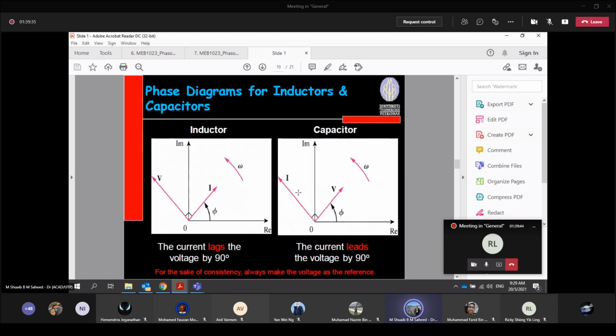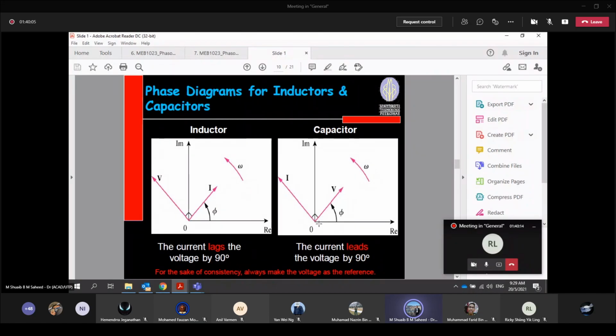So if you are drawing the phasor diagram for a capacitor, current leads the voltage by 90 degree for a pure capacitor. You also can say that the voltage lags the current by 90 degree. So if you draw the voltage for capacitor in the second quadrant, the current must be in the third quadrant.